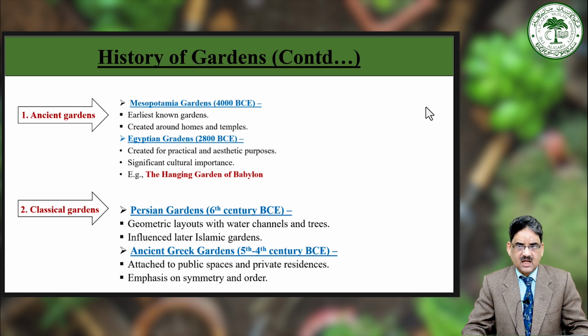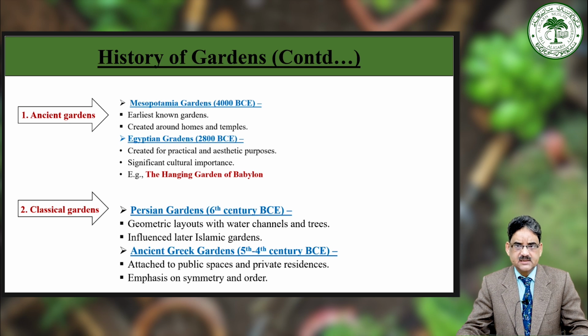Ancient gardens have roots in ancient civilizations such as Mesopotamia and Egypt, where they were cultivated for both practical and aesthetic purposes.